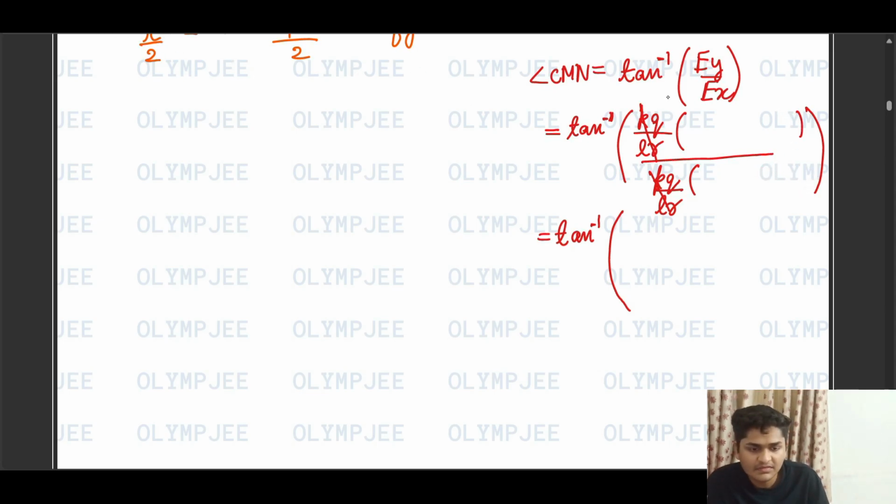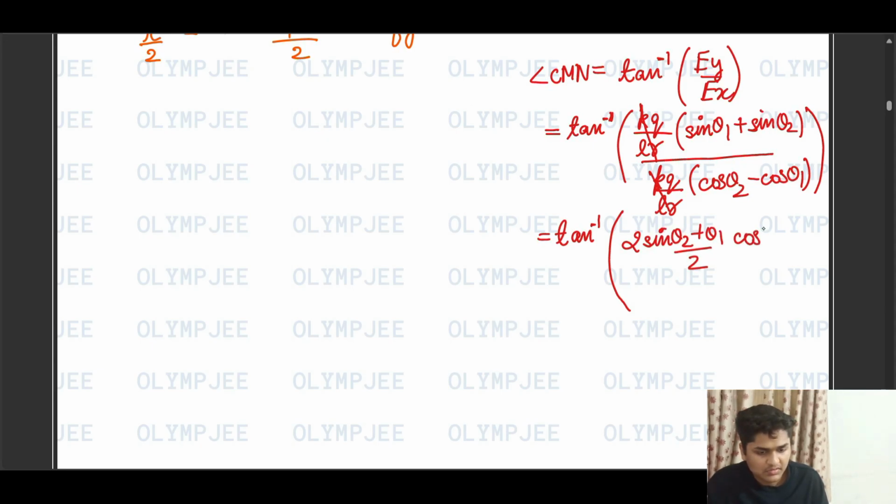So this will be sine theta 1 plus theta 2, and this will be cos theta 2 minus cos theta 1. So this will become 2 sine theta 2 plus theta 1 by 2 cos theta 2 minus theta 1 by 2, over 2 sine theta 2 plus theta 1 by 2 sine theta 1 minus theta 2 by 2.